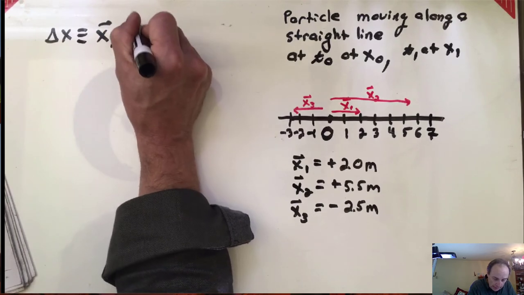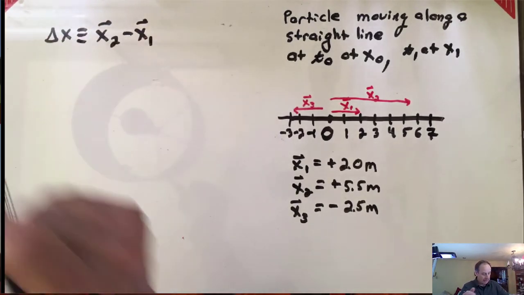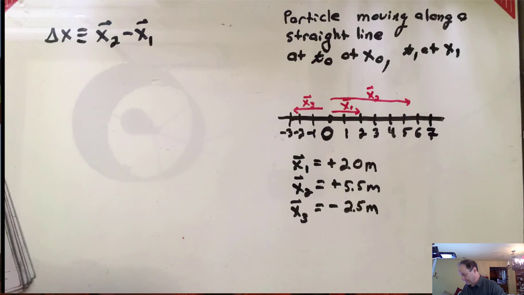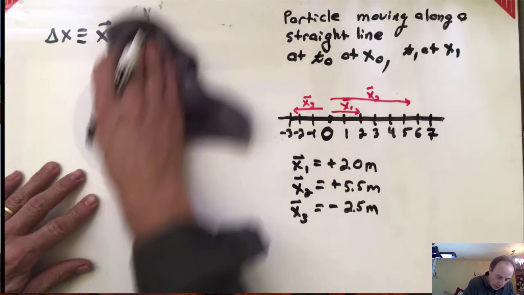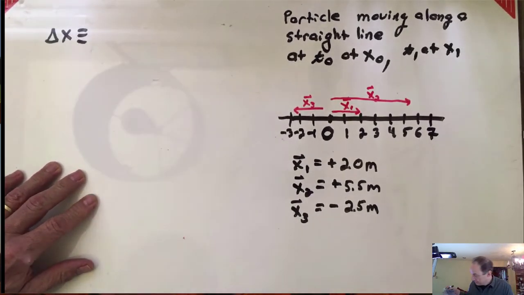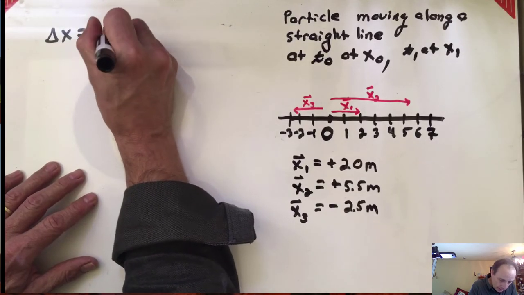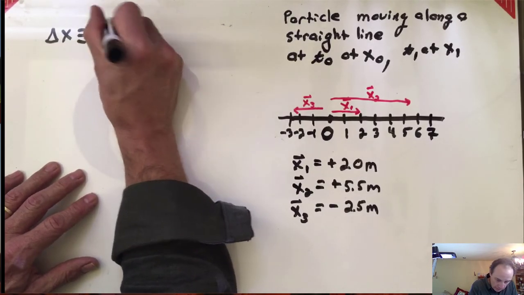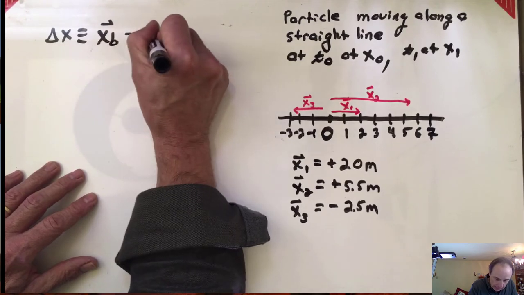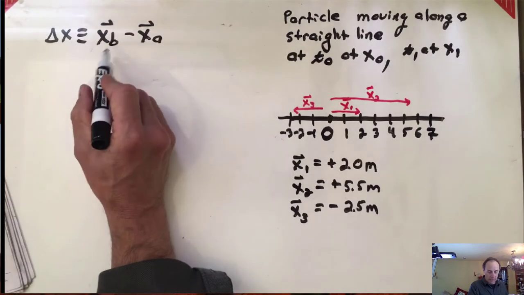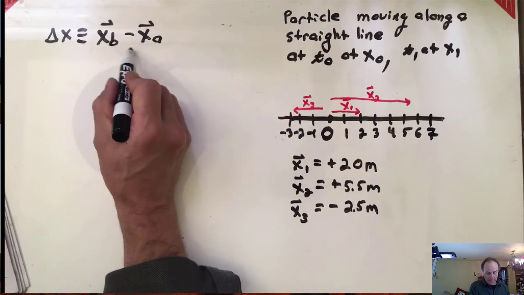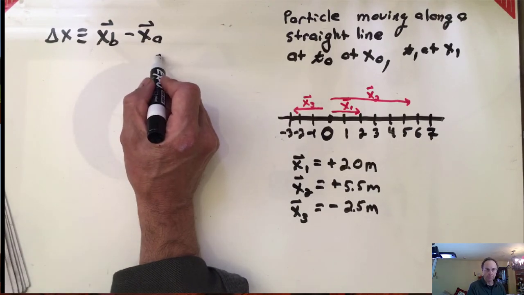x2 minus x1. And in general, actually, not good to use 2 and 1. Let's generalize that: an xb minus an xa. So whatever the latter displacement minus the initial displacement.